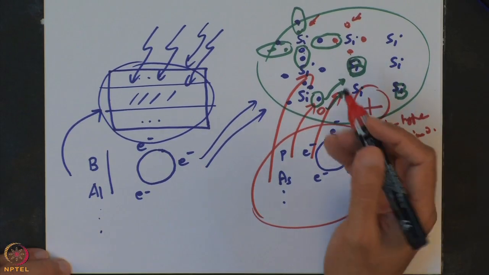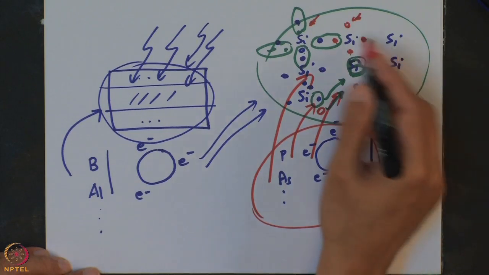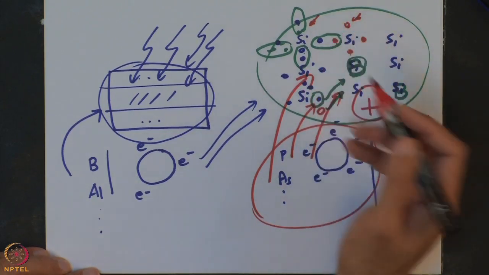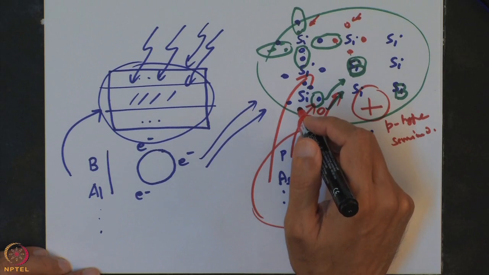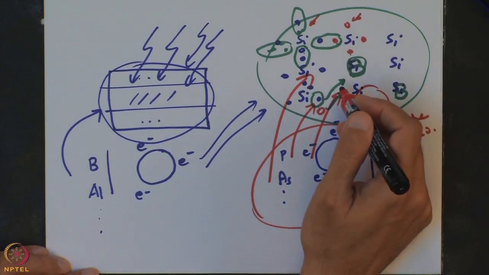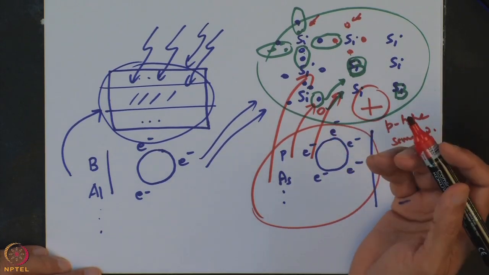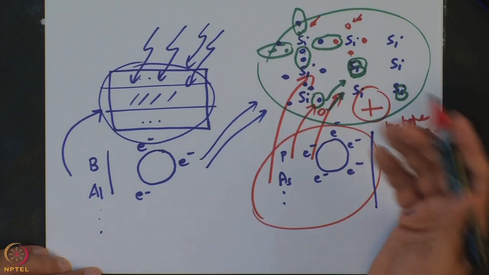They are able to very easily donate their electrons, and these electrons then become free to move, just like we have the holes becoming free to move in the p-type semiconductor. Here we have electrons which are free to move, just because these pentavalent atoms have acted as donors and have donated several electrons in this material. This kind of semiconductor is called an n-type semiconductor.